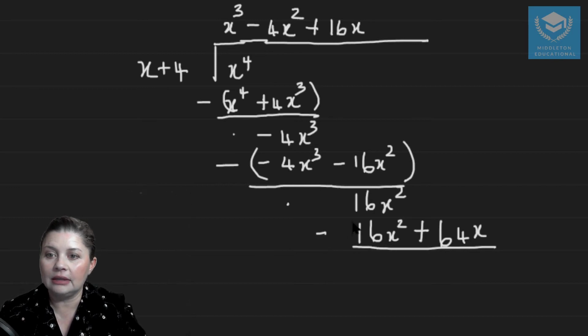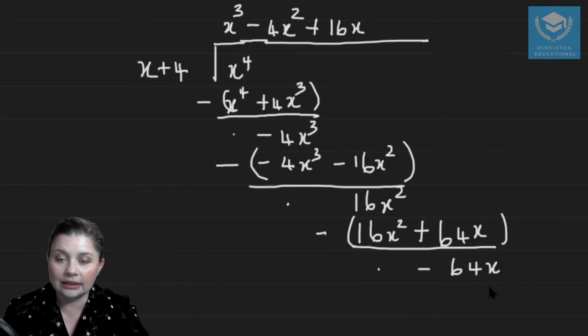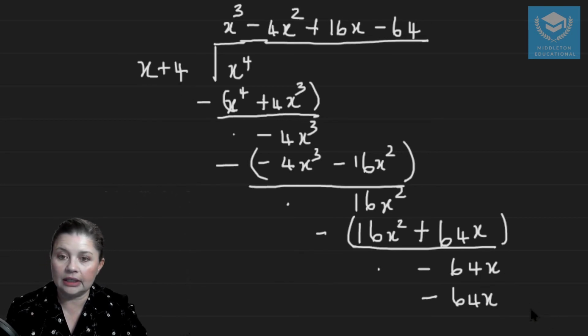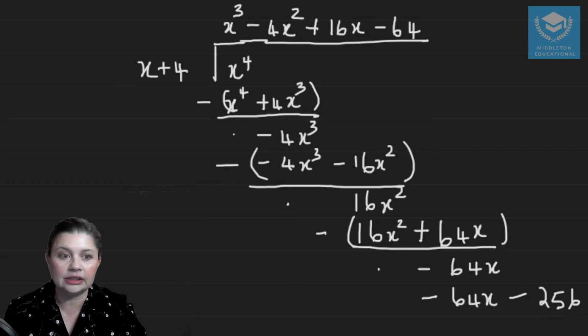So we say minus this, makes that 0, minus 64x. X divides into minus 64x, minus 64. Minus 64 multiplied by x, minus 64x, minus 64 multiplied by 4 is minus 256.